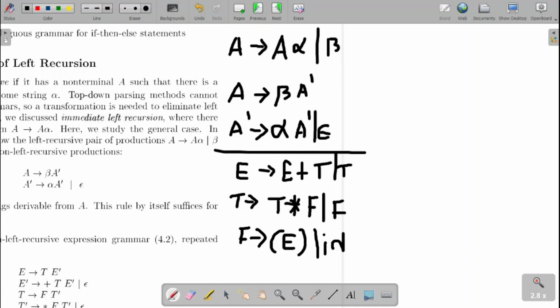This is the grammar we got in our previous classes after eliminating the ambiguity.